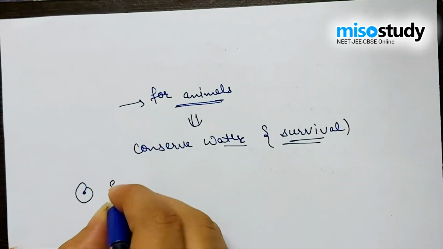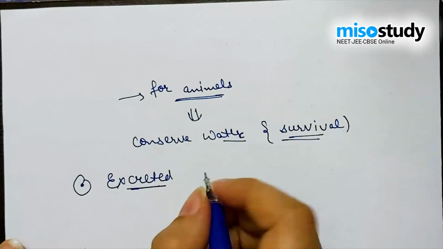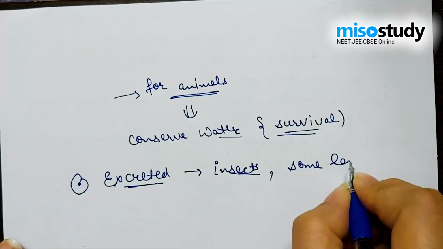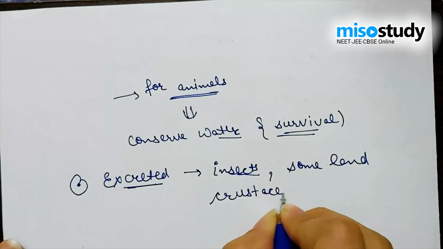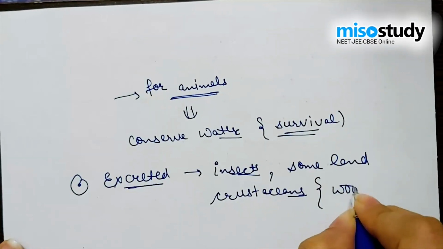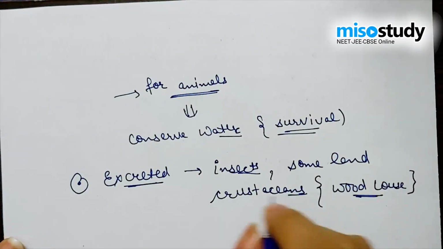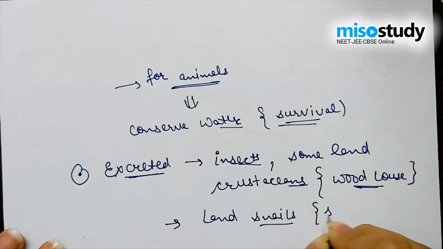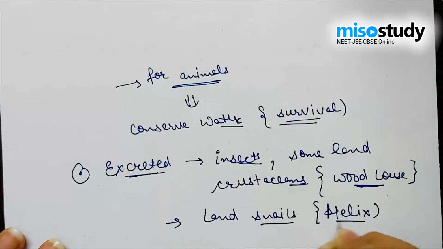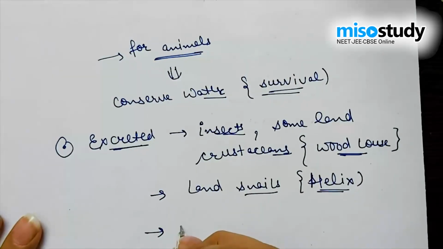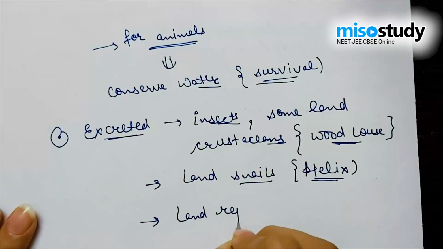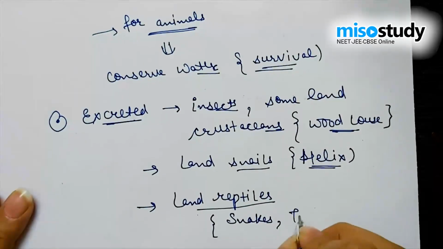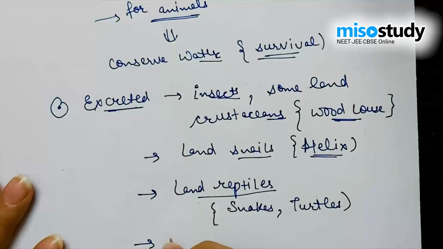It is generally excreted by insects, some land crustaceans such as woodlouse, some land snails such as Helix, some land reptiles such as snakes and turtles, and also by some birds.